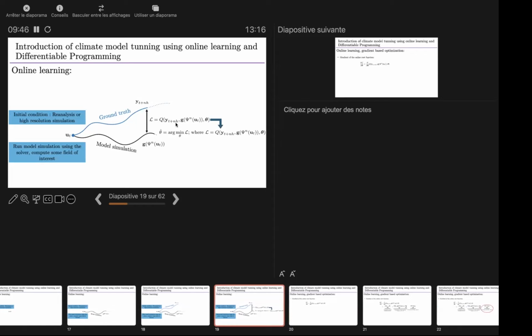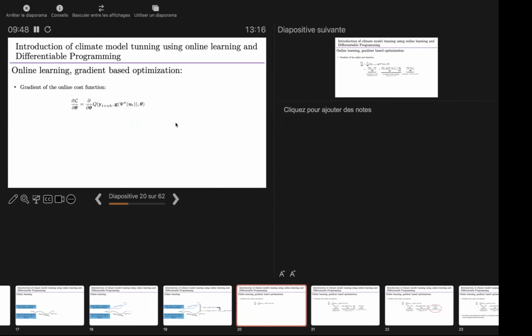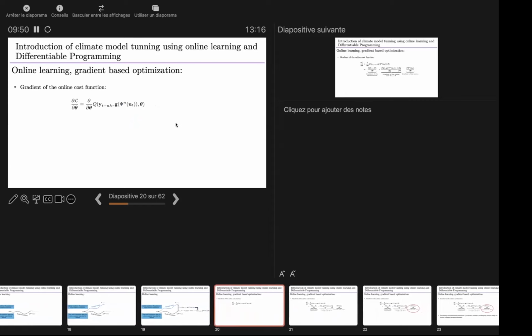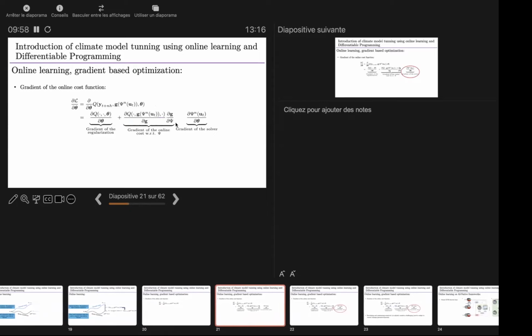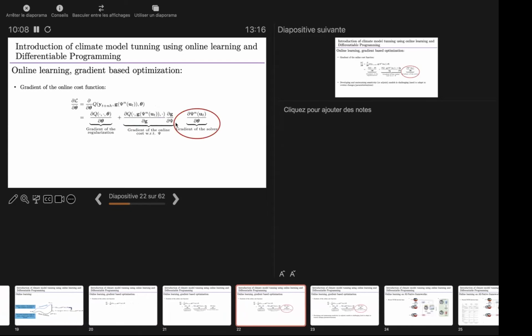Now, as I said, we want to do gradient-based optimization, so we need to compute gradients. When we try to compute gradients of this kind of cost function, we can show that it can be decomposed as the gradient of a regularization term, if any, which is not really important, plus something that is the most important part, which depends on the gradient of the numerical model.